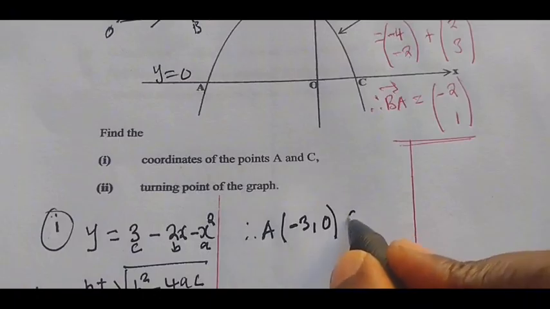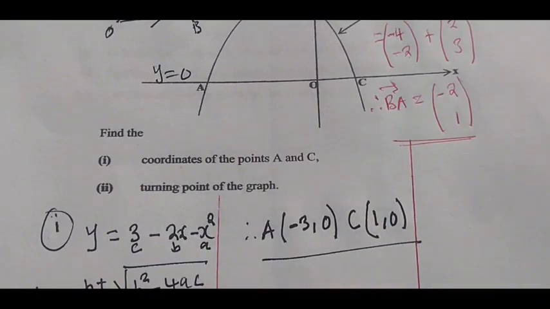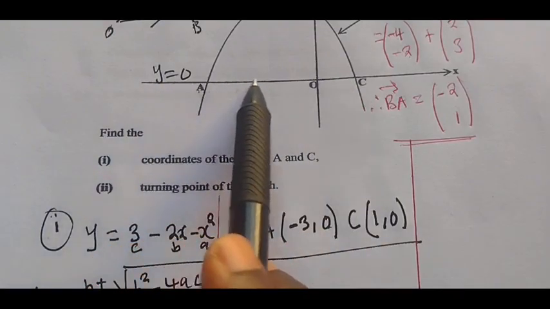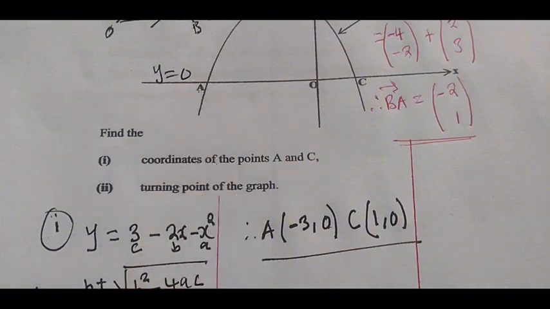Then for C it's 1 comma 0. So these are the coordinates of point A and point C. In case you are wondering where the 0 is coming from, we said A and C are lying on this line, which is y is equal to 0. Okay, I hope it's clear.